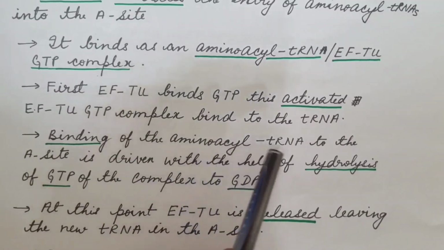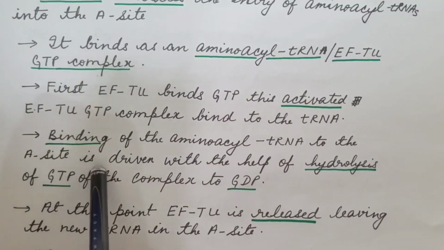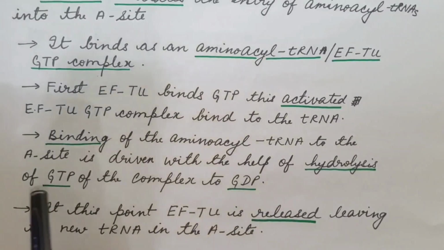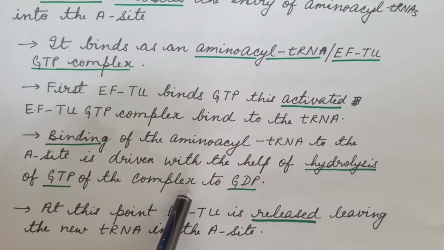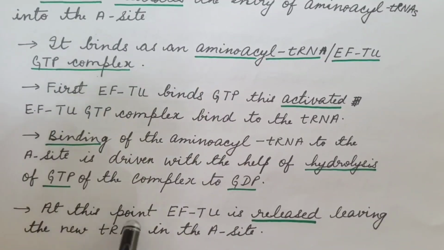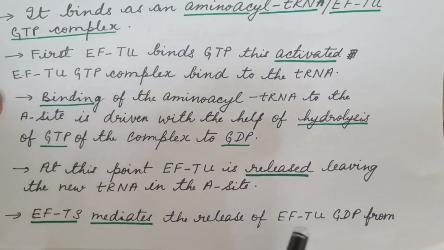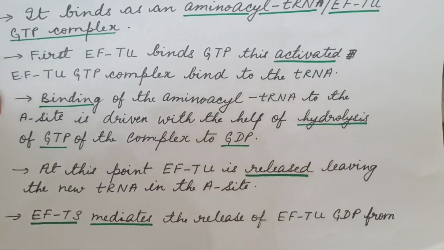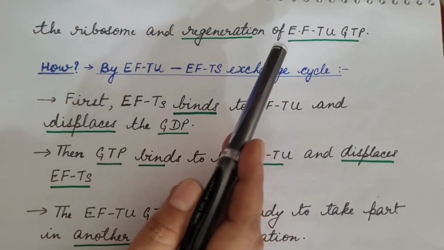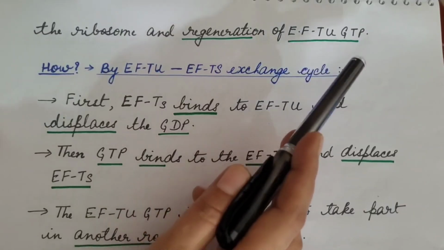Binding of the aminoacyl transfer RNA to the A site is driven with the help of hydrolysis of GTP of the complex to GDP. At this point, EFTU is released, leaving the new transfer RNA in the A site. EFTS mediates the release of EFTU-GDP from the ribosome and regeneration of EFTU-GTP.